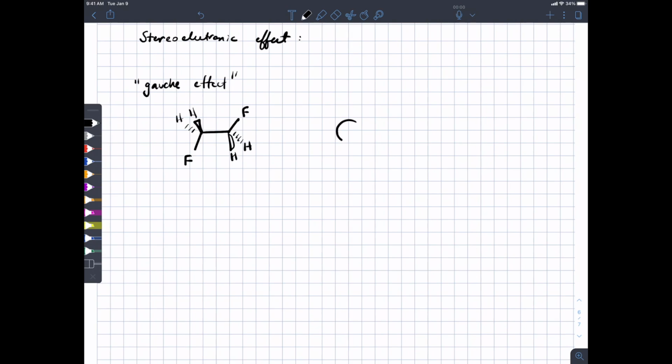What reason would I have to believe that the anti-conformation, when I have the fluoro groups anti to each other, might be better than, say, having the fluoro groups gauche to each other? For butane anyway, why did you say anti was better than gauche?